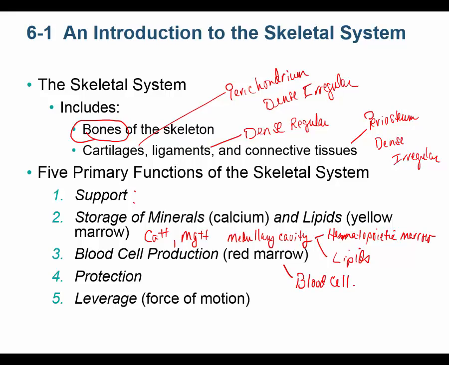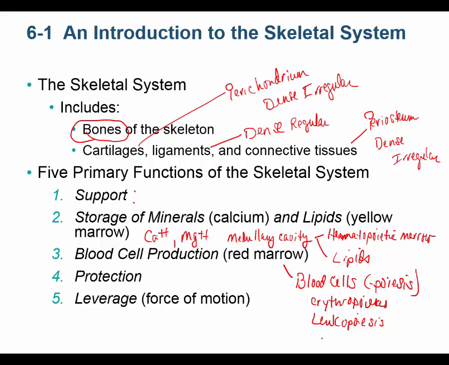And the suffix poiesis means production. And then you can break that down into erythropoiesis, red blood cell production, leukopoiesis, white blood cell production, thrombopoiesis, platelet production.